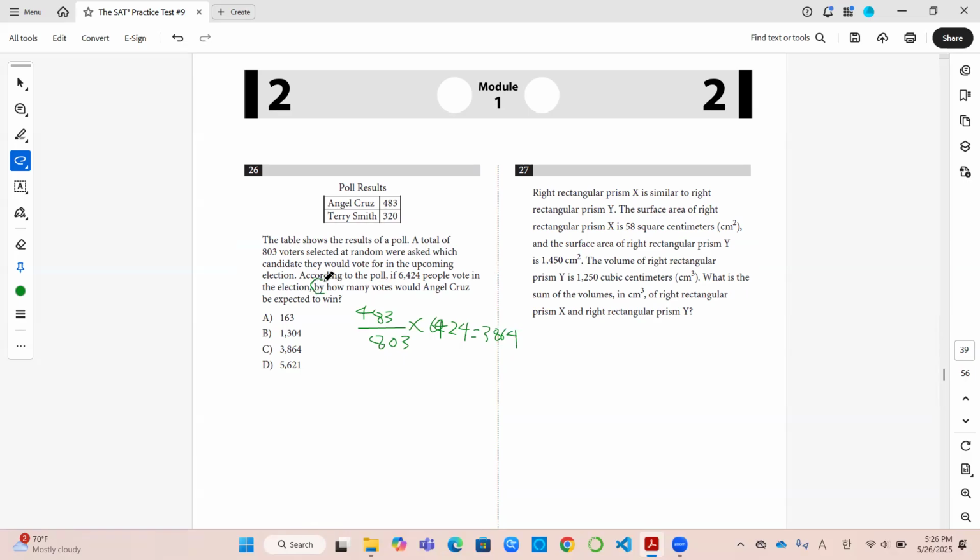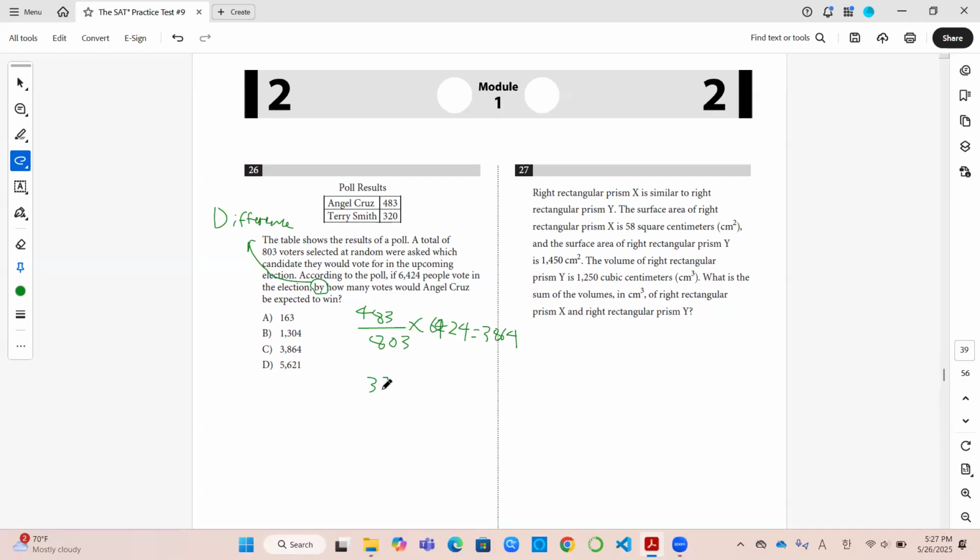Since we have this "by how many votes", we're looking for the difference between the number of votes for Angela Cruz and the number of votes that are not for Angela Cruz. Since that's the case, we need to also find votes for Terry Smith.